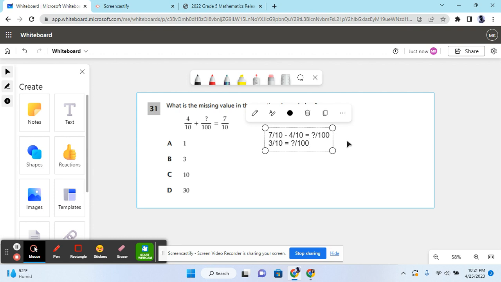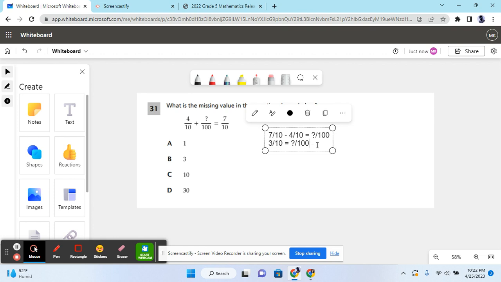Now we have to use a common denominator, and a common denominator is 100. Actually, not really common denominator, but equivalent fraction, since we need to make 3/10 equal to question mark over 100.